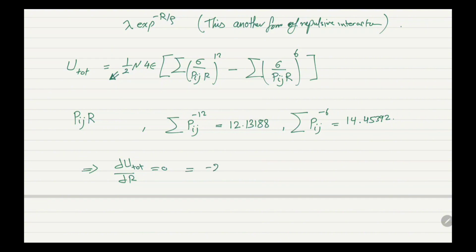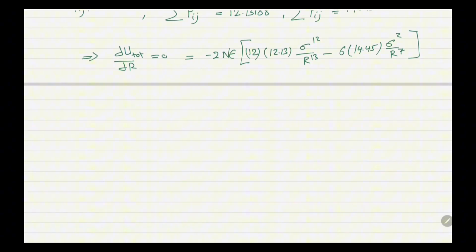In this case, minus 2 n epsilon times [12 × 12.13 sigma to the power 12 over R to the power 13, minus 6 × 14.45 sigma to the power 6 over R to the power 7], and in this case R0 over sigma equal to 1.09 for FCC structure.